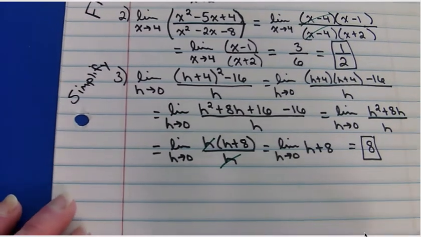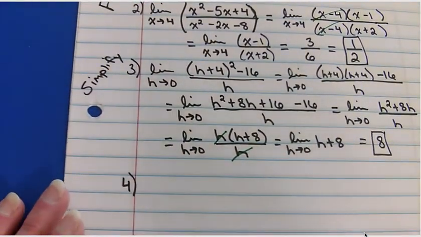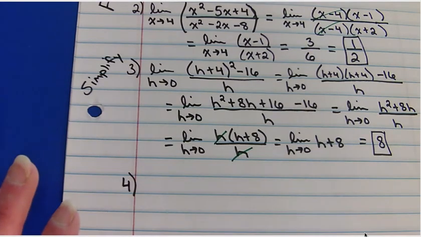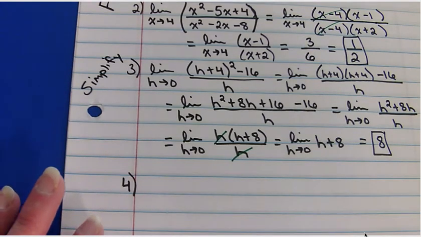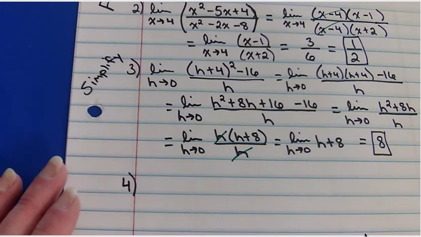The next one we're going to look at is with some square roots in it. And these can get a little tricky.